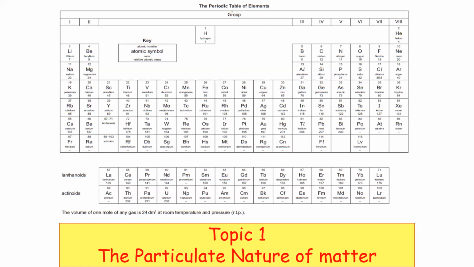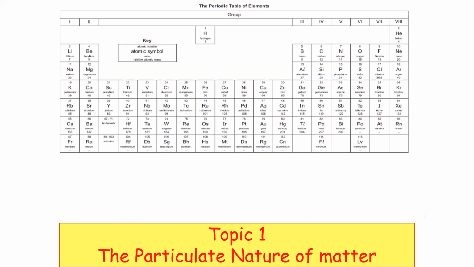So if I say I have two gases, say methane, which is CH4, and sulfur dioxide, that is SO2.